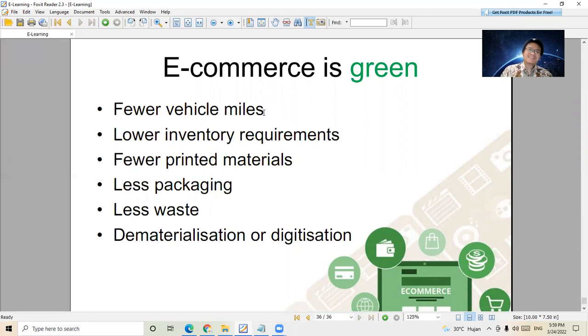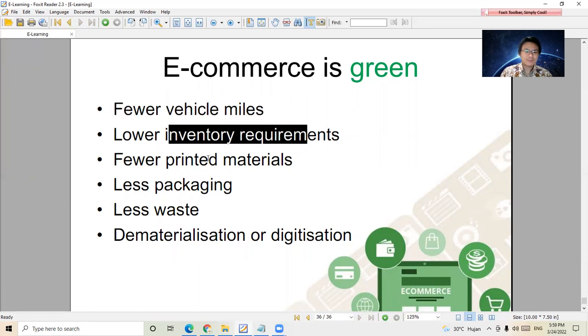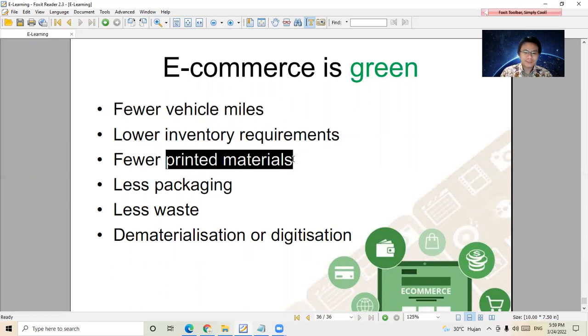If not much paper is used, they can save more trees. Therefore, our environment can be safer. Also, people maybe don't like to go outside to shop. It can cause fewer vehicle miles, lower inventory requirements, fewer printed materials, as I said, less paper use.